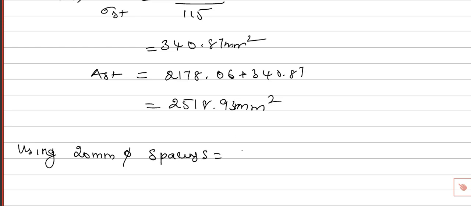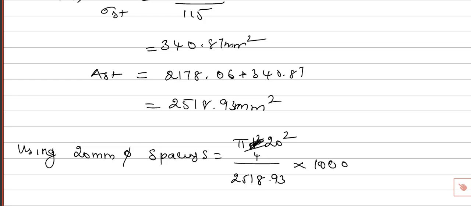Spacing S is equal to the area of our selected bar, pi d square by 4, where d is equal to 20, divided by the total AST, 2518.93, for per meter, that is per mm.